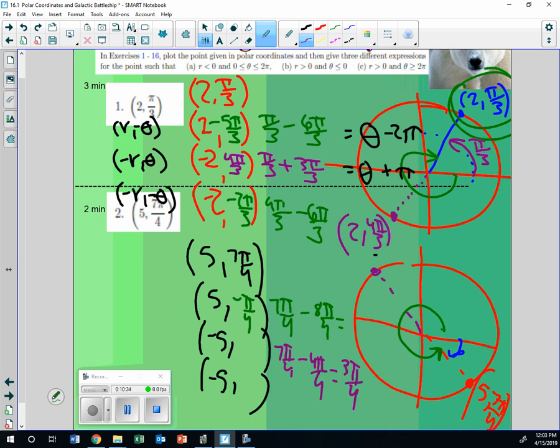It wouldn't be wrong if you had 11 pi over 4, but we like to keep it between 0 and 2 pi. So then to get the last one, you take 3 pi over 4 and then subtract 2 pi, 8 pi over 4. And that will be negative 5 pi over 4. Those 4 will give you the same point, giving you some flexibility to understand polar points.